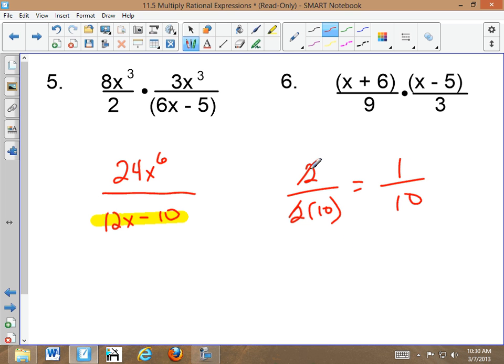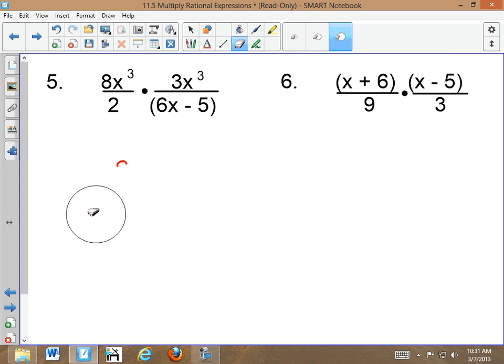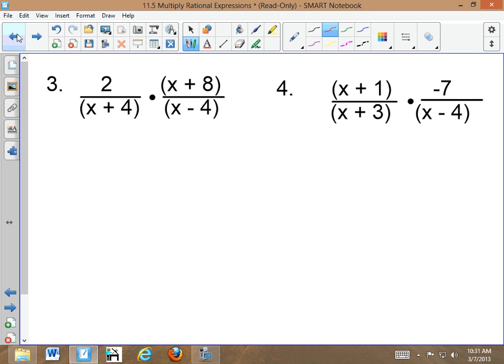Let's see if that works out. 2 over 20 equals 1 over 10. Yes. So if you have addition or subtraction in either your numerator or denominator, you can't cancel. If you have multiplication, you can cancel. Okay, so let's go back and go ahead and do number 3. I think number 3 is the last one we're going to do. Do number 3, start the video up again, check your answer.